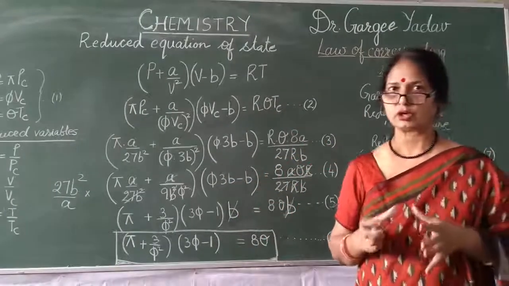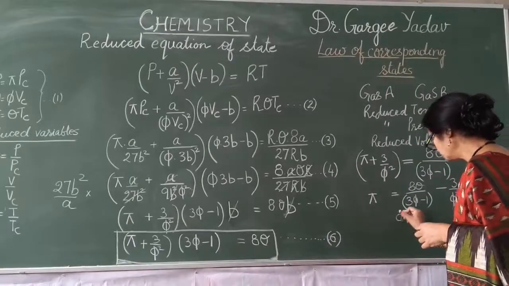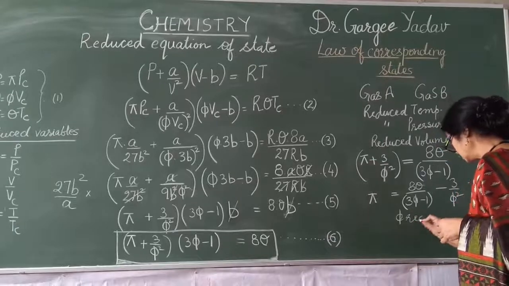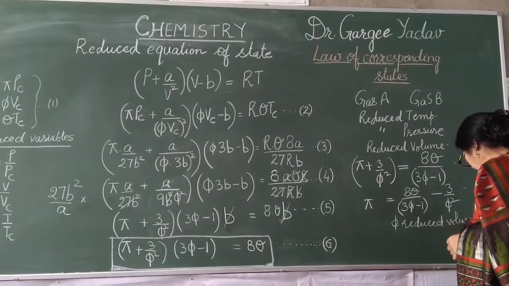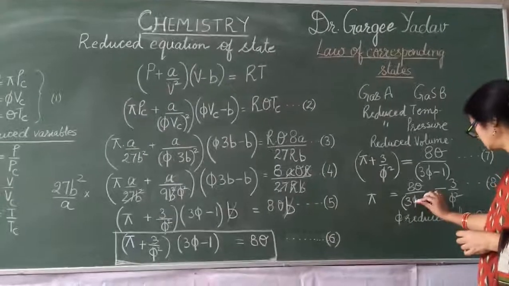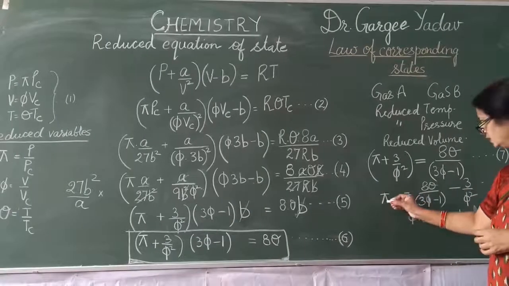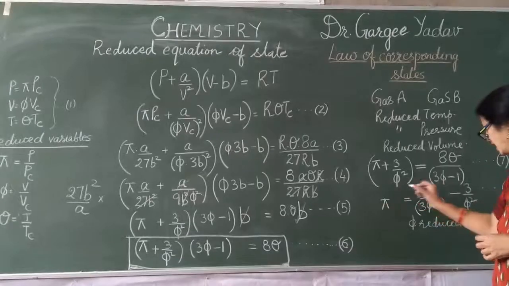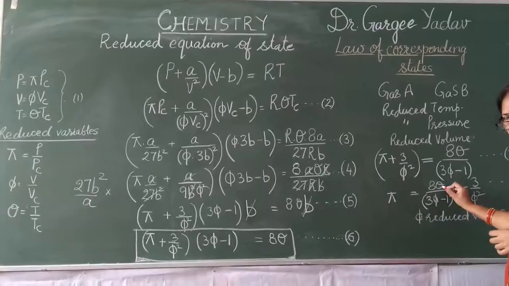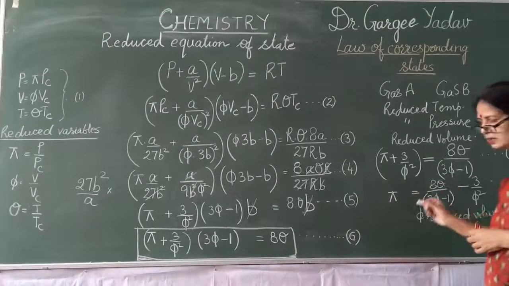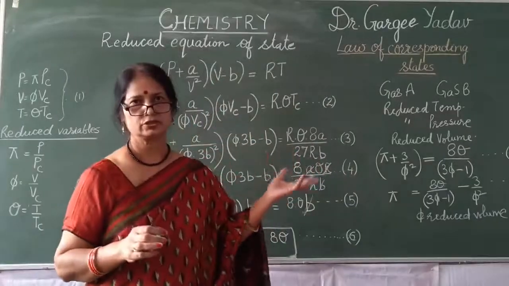Now, if the reduced volume, which is phi, is kept constant, then we will get a linear relationship between the reduced pressure and the reduced temperature.